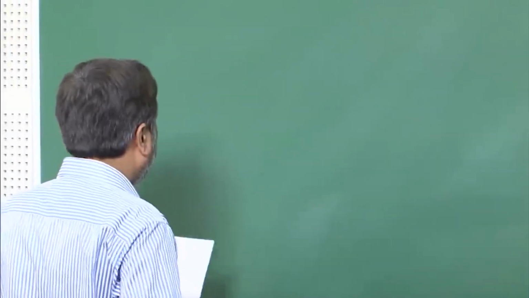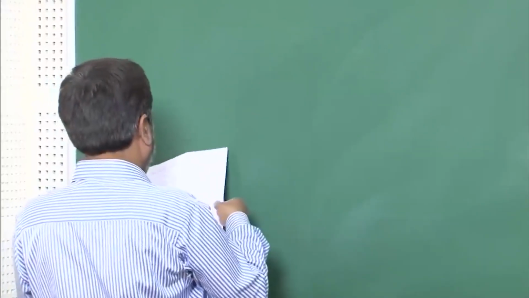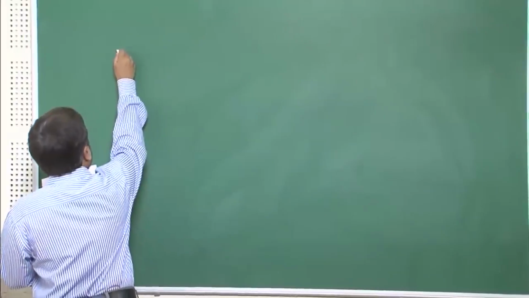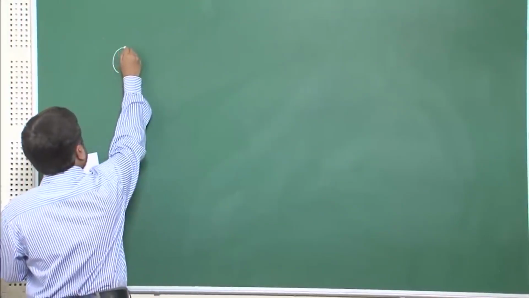So we are first assuming that the shaft has a rectangular section. Let us first try to draw the connecting rod approximately here for our analysis.